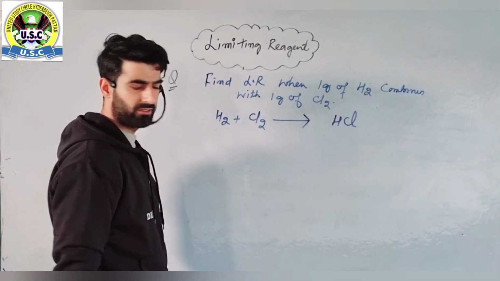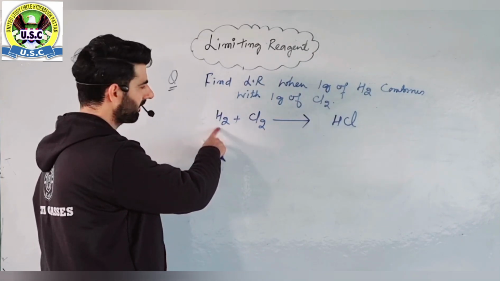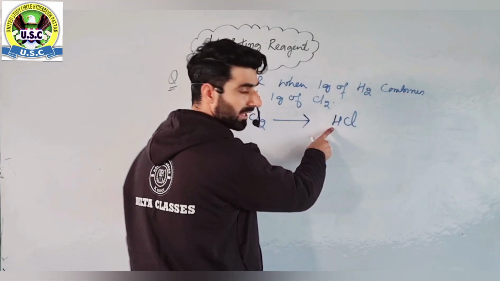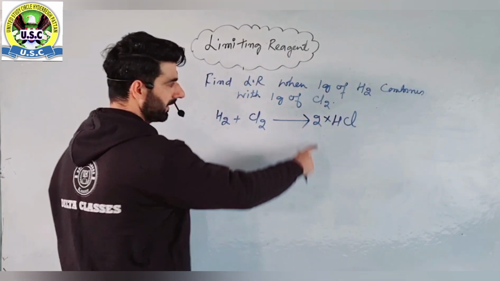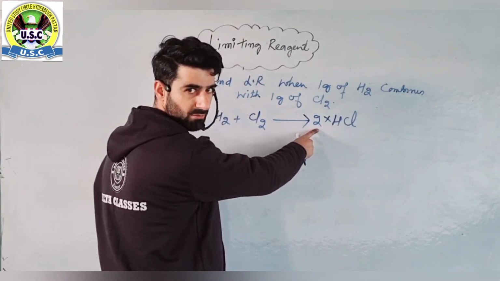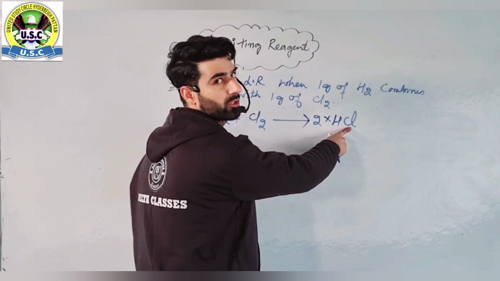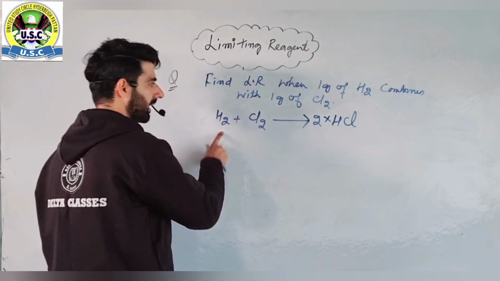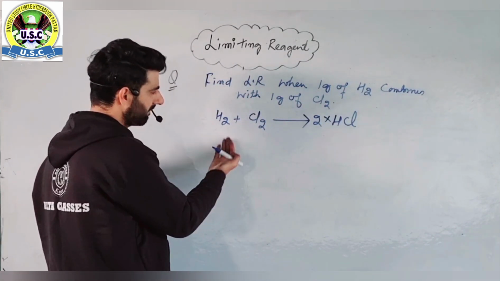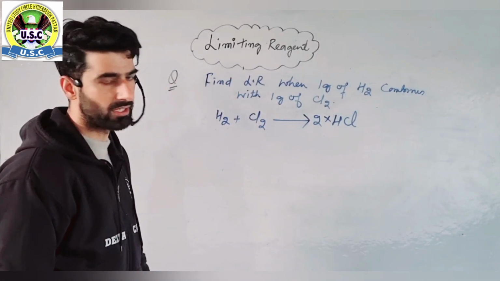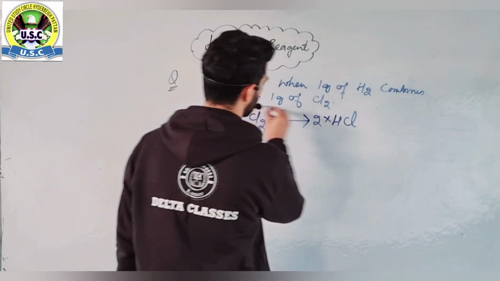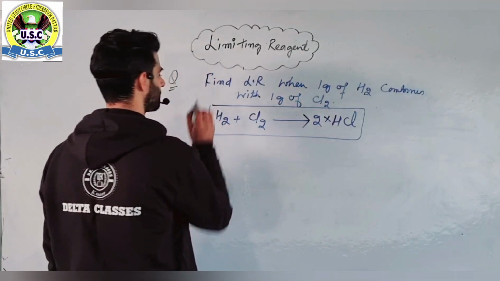We have hydrogen 2 times on the left, but only 1 time on the right, so make it 2 HCl. Now we have hydrogen 2 times and chlorine 2 times on both sides, so it is a balanced chemical reaction because left hand side atoms and right hand side atoms are equal.